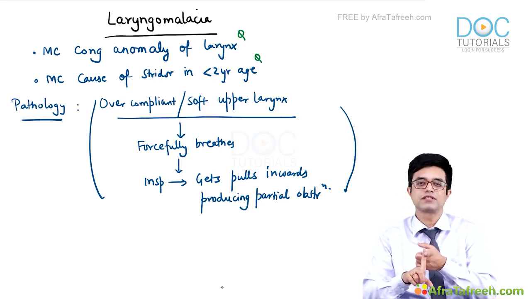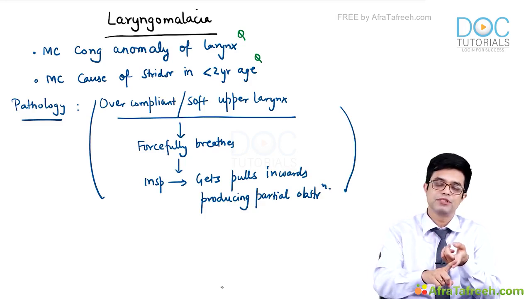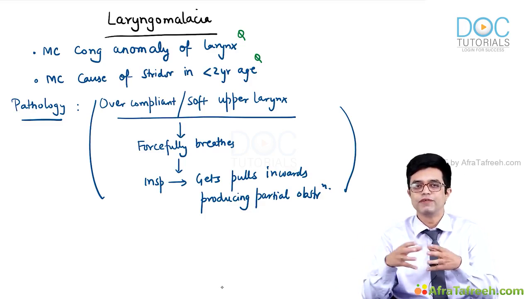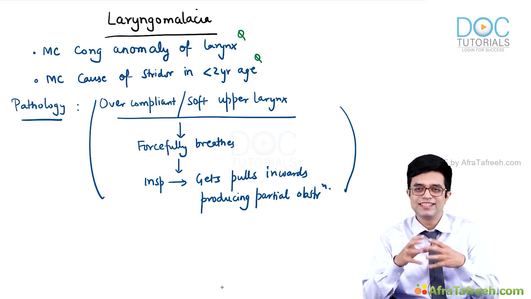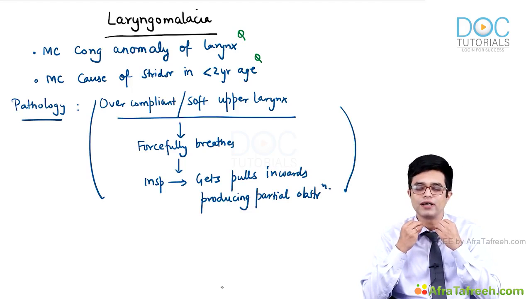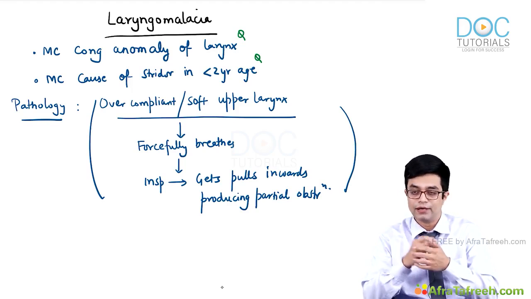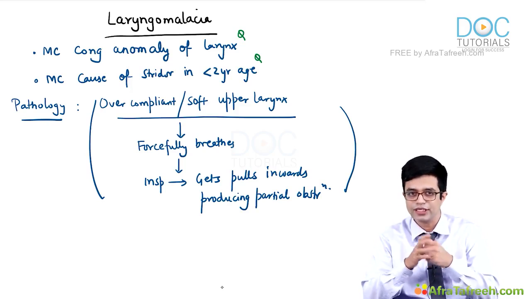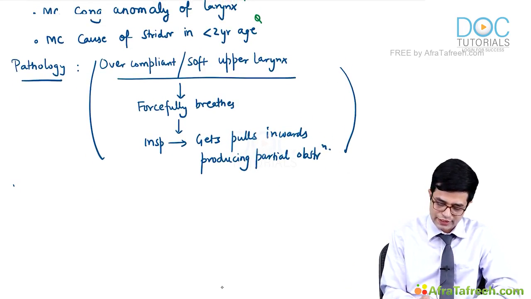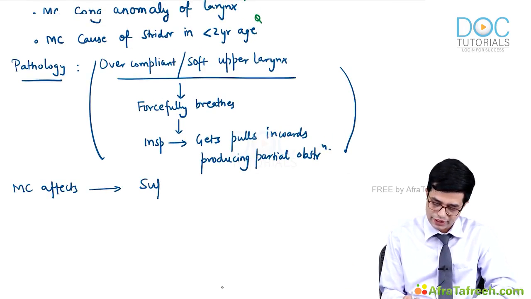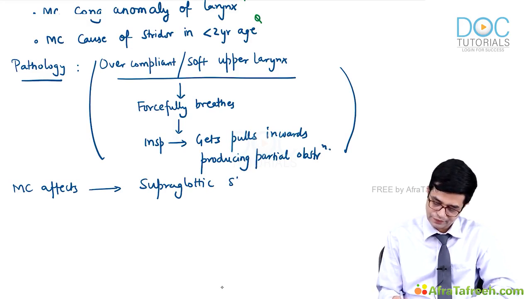The characteristic of this stridor is that it will sometimes become severe and sometimes go away. So we call it episodic or intermittent stridor. As age advances, this stridor tends to improve because the underlying tone of the larynx improves, and more than 90% of children become absolutely fine by 18 months to 2 years of age. That condition is laryngomalacia. So this is the pathology. Most commonly affects which part of the larynx? It most commonly affects the supraglottic structures above the glottis.